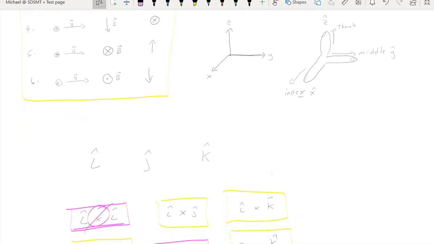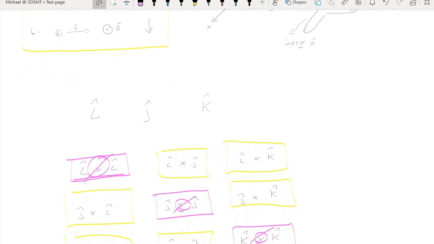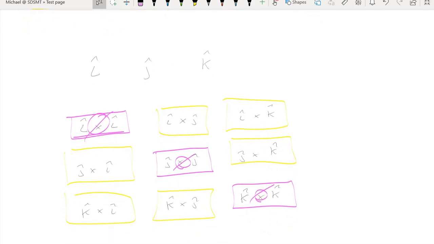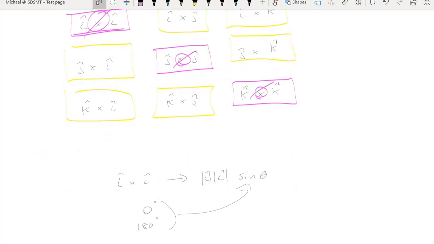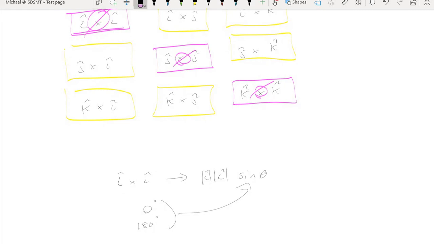So we need to take a moment and see what's going to happen if we take cross products of vectors that are pointing in different directions. And we'll start with the i cross j hat combination. I'll erase this and make some room. i cross j hat.